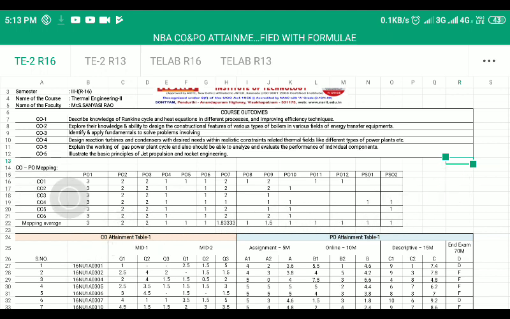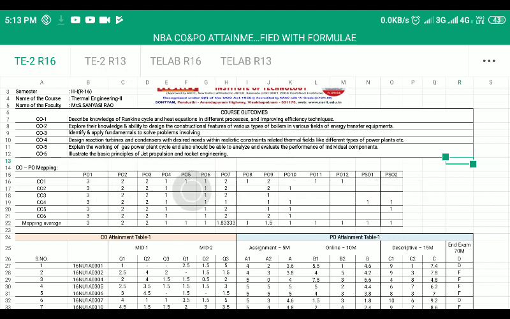So here you have to map COs and POs. Okay, like this. So this is the sample format. For the sake of calculations, I am mapping all the POs, but you need not map all the POs for all the subjects.